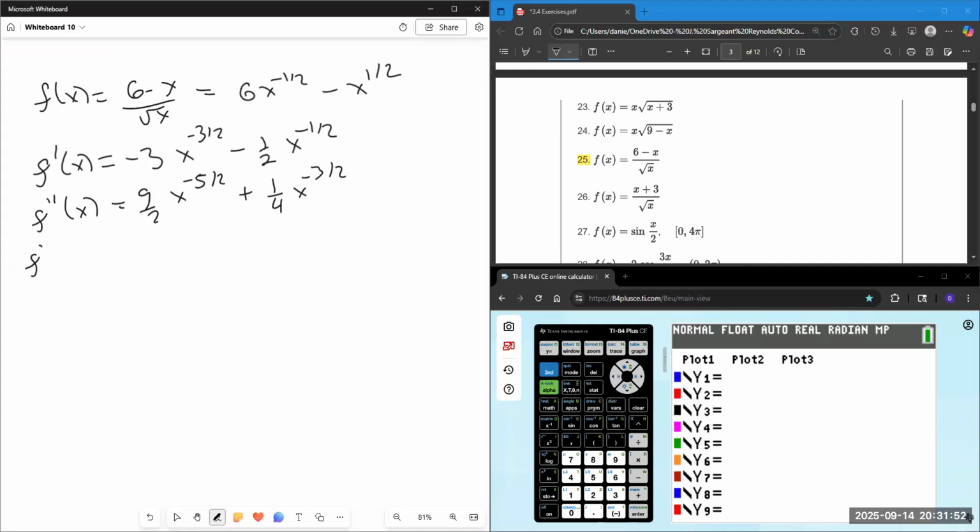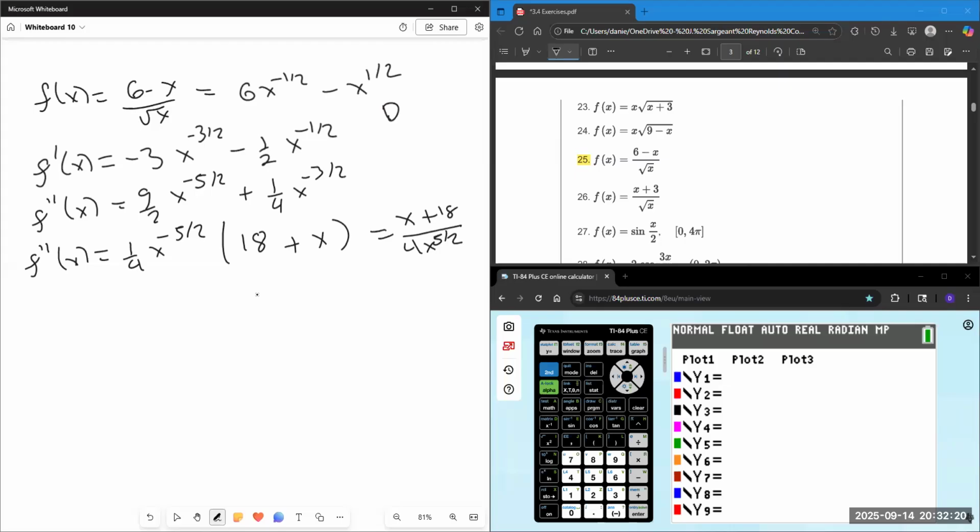So f double prime of x is equal to 1/4 x to the negative 5/2 times 9 times 2, which is 18, plus x to the first, which is equal to x plus 18 over 4x to the 5/2.